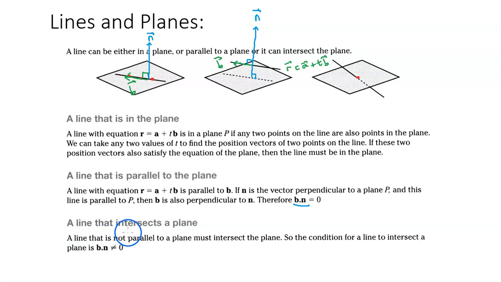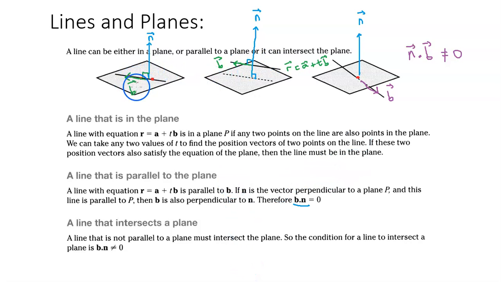Meanwhile, if we have a line that just intersects a plane in one position, then that means its direction vector is not orthogonal to the normal vector. So this is the normal vector of the plane, and then we have our line, let's say it has this direction vector here, then in this situation we would have n dot b does not equal 0. And there's no other possibilities. So it's pretty easy stuff.